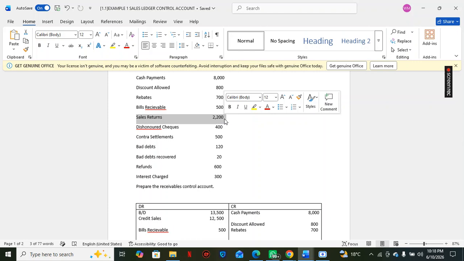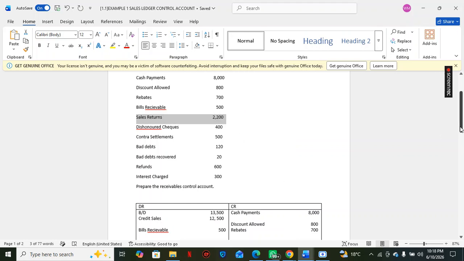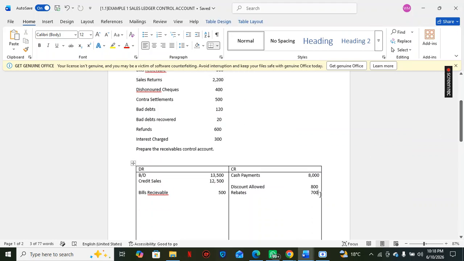It means what that person is owing you reduces. They can't owe you 1,000 when they return goods worth 300. They're now owing you 700. So sales returns reduce what is being owed to us, and it goes on the credit side.